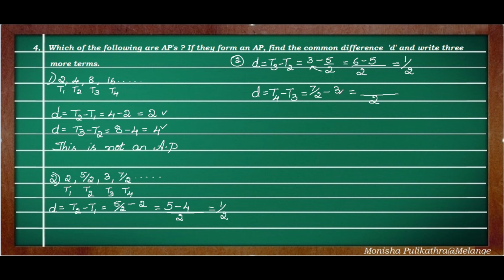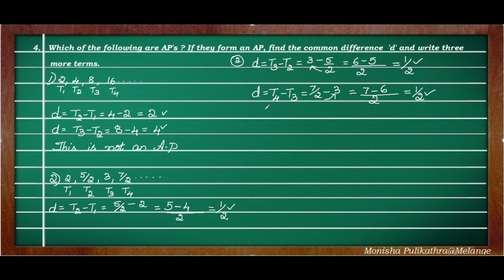Since the denominator is 2, the numerator remains as it is. Since it is 1, it will get multiplied, so 2 3s are 6. So 7 minus 6 is 1 divided by 2. So here you can notice that the common difference is constant, the common difference is 1 by 2 itself.